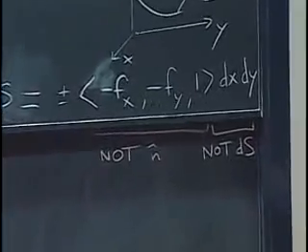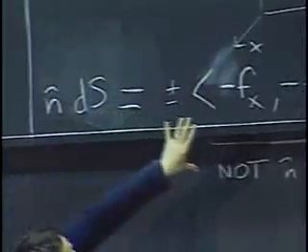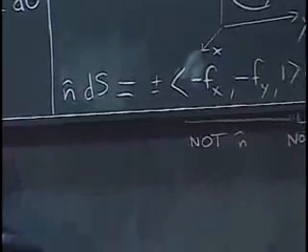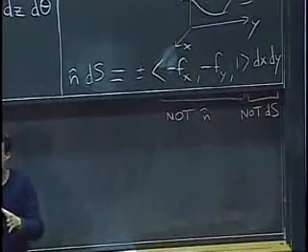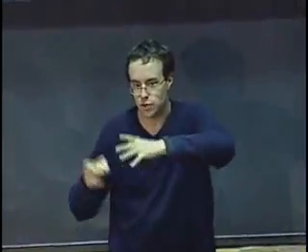Now, concretely, one way you can think about it is this tells you how to reduce things to an integral over x and y. And of course, you will have to figure out what the bounds on x and y are. That means you'll need to know what the shadow of your surface looks like in the xy plane.